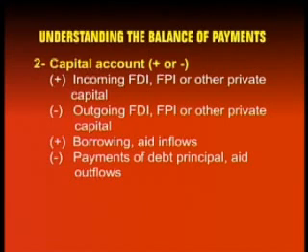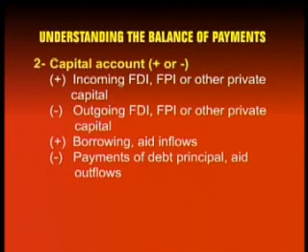You could have the mirror image of that, that is, if Pakistanis invest abroad, if Pakistanis take money out from Pakistan and go and invest in the US, either set up plants and factories there or invest in US stocks and bonds, then you would have the corresponding outgoing FDI and FPI entries in the capital account.